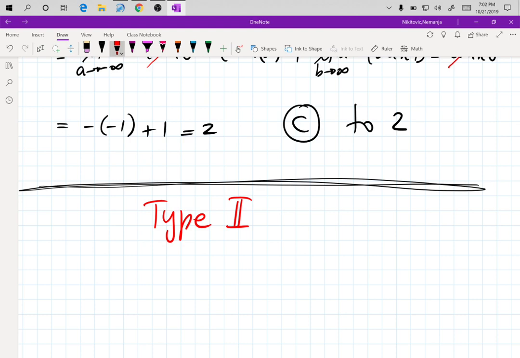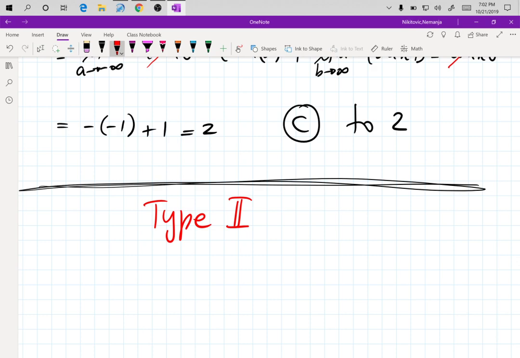So this is your graph: 1 over x minus 3 has the vertical asymptote at 3. And if I want to find the area under the curve from 0 to 6, then I'm looking at this area here.